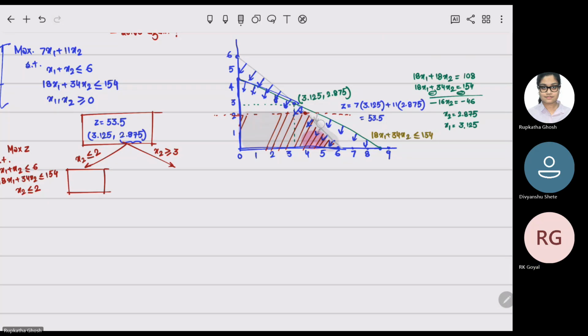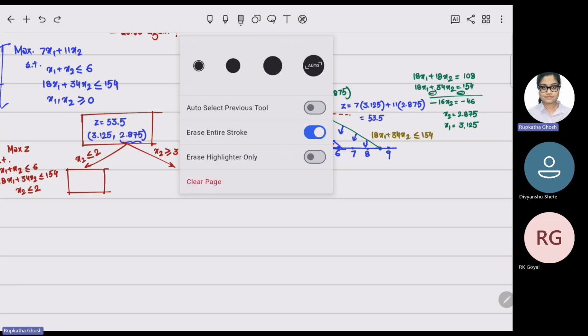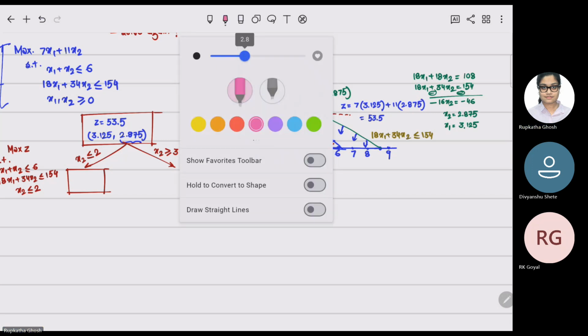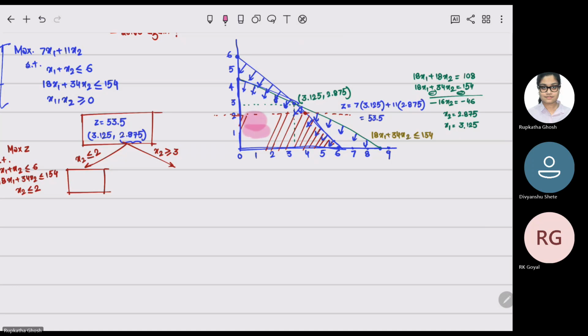So when this becomes your feasible solution, your corner points are here, this, and this.